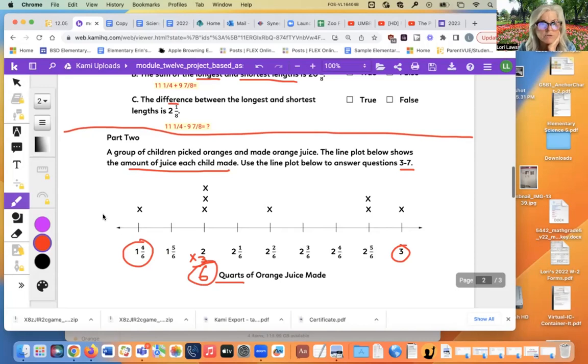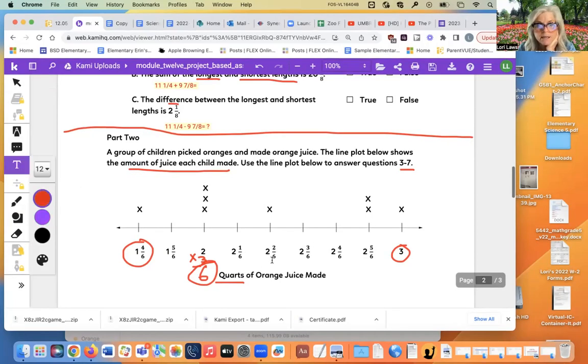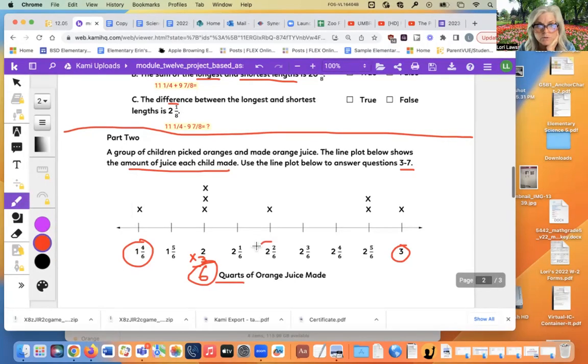Okay, 2 and 2/6 times 1, right? So that's easy because I just have to circle 2 and 2/6. 3 times 1, that's easy. Now 2 and 5/6 times 1, 2. So I'm going to have to times this by 2. Well, 2 times 2 is 4.